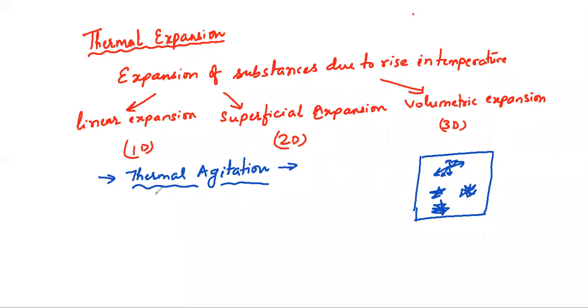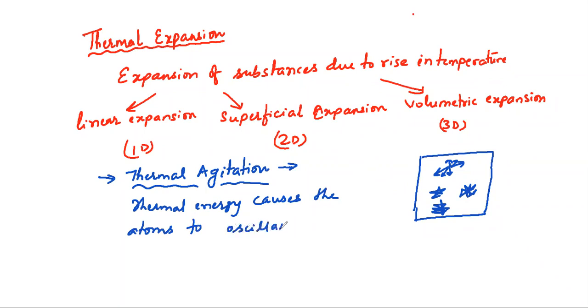So thermal energy causes what? Thermal energy basically causes thermal agitation. Thermal energy causes the atoms to oscillate randomly.